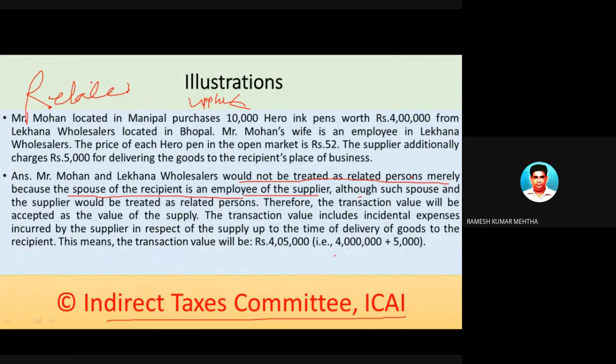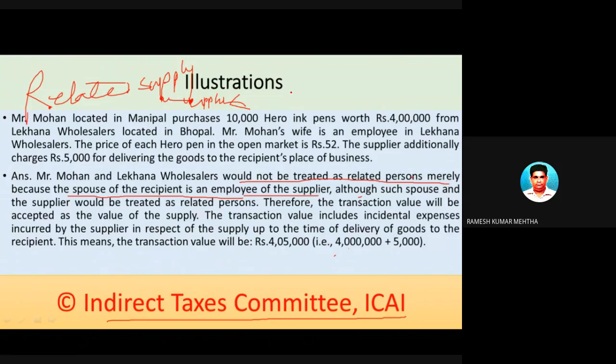Merely because the spouse of the recipient of the goods is an employee of the supplier doesn't make us think that there is a relationship. So there is no relationship between the supplier and the recipient.